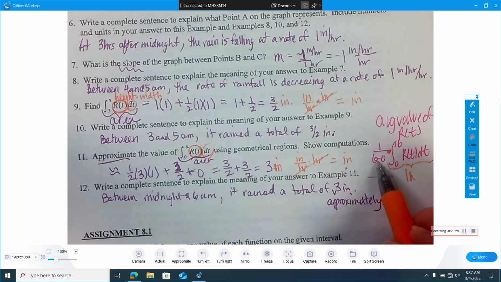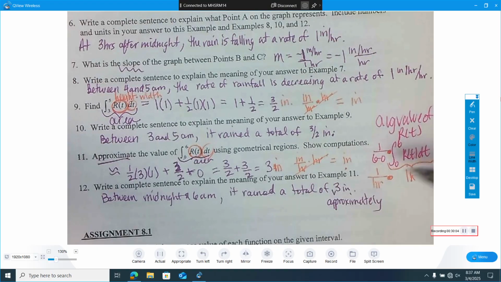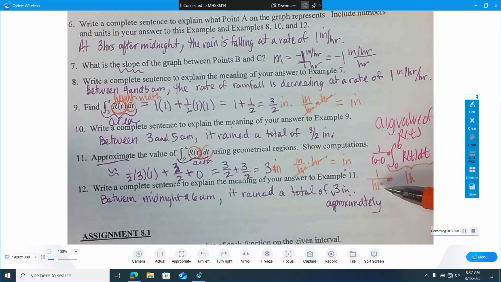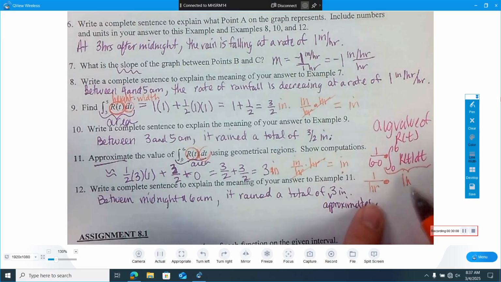Hours. So when we look at the units again, we're back to inches over hours.